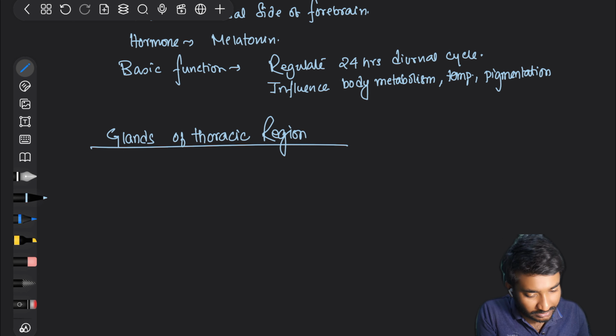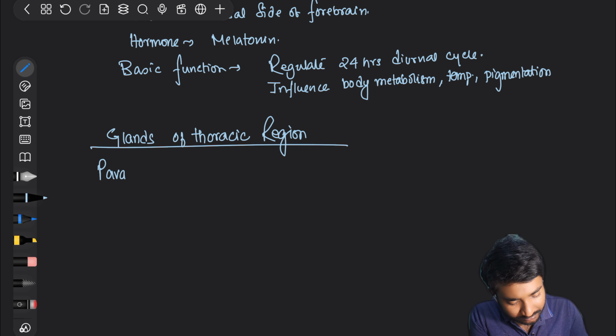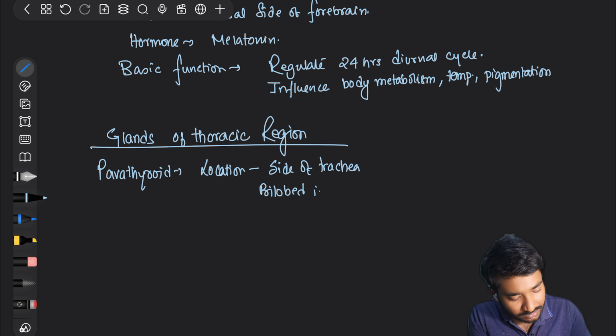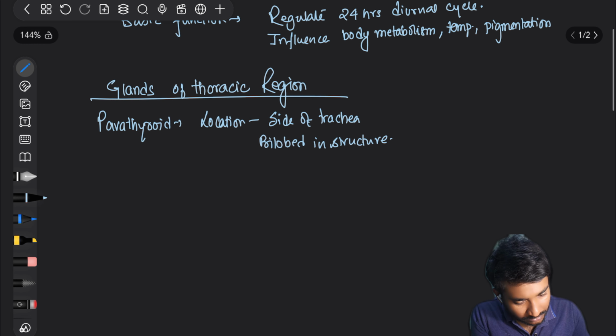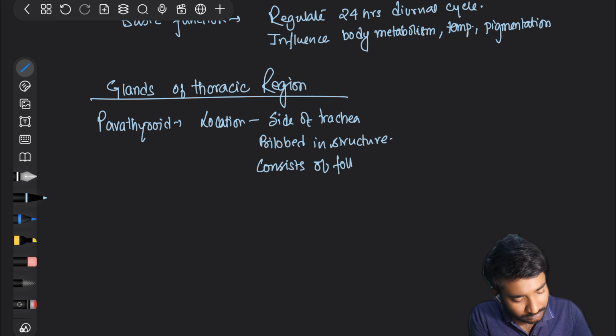The glands of the thoracic region consist of the parathyroid. Location: side of trachea. It is bilobed in structure, it has two lobes. Consists of follicles, made up of follicular cells.